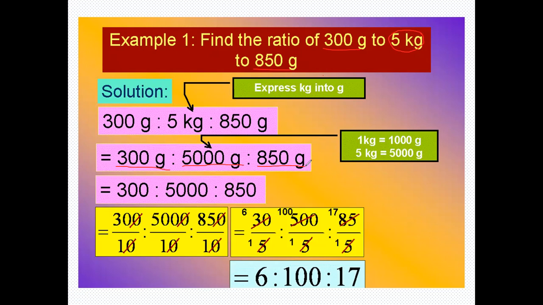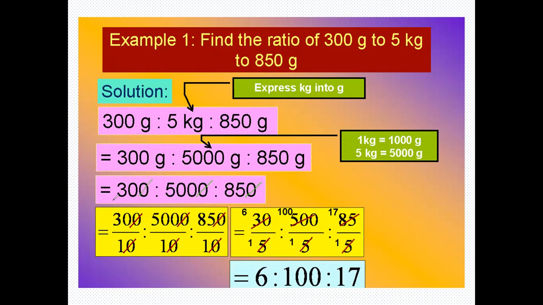All right, so how to reduce? Take a look. They all end with 0 and all are divisible by 10. So we can cross out the last 0, cancel that out, and cancel.